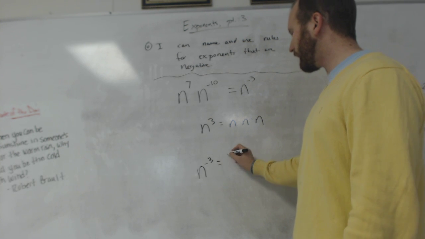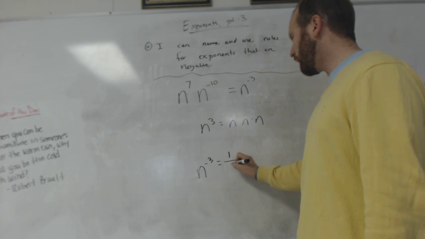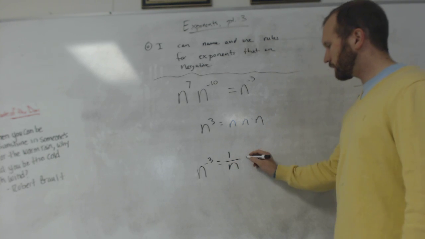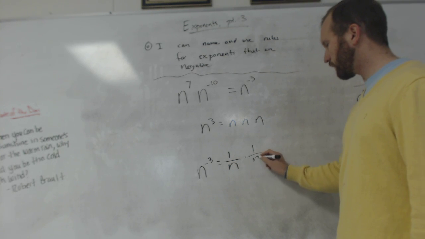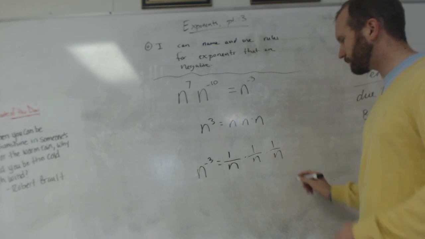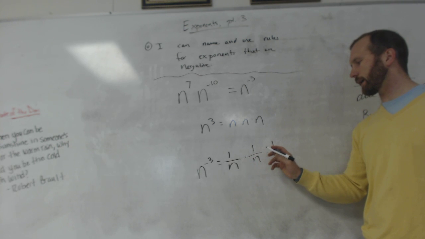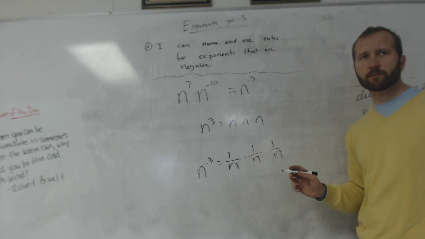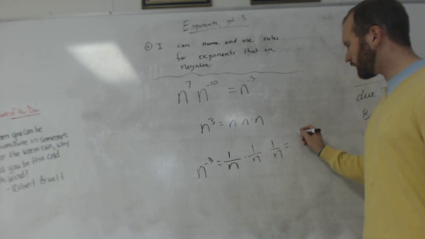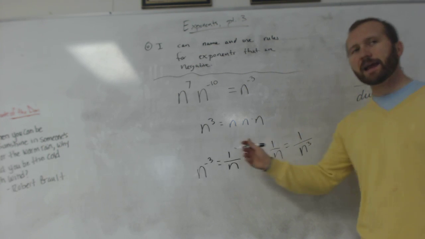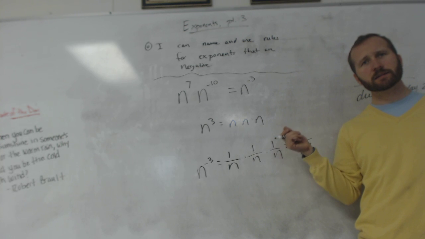So when we say divided by n, what we really mean is 1 over n, times 1 over n, times 1 over n. Or, we could also just say this as 1 over n to the 3rd. So a negative exponent makes a fraction.